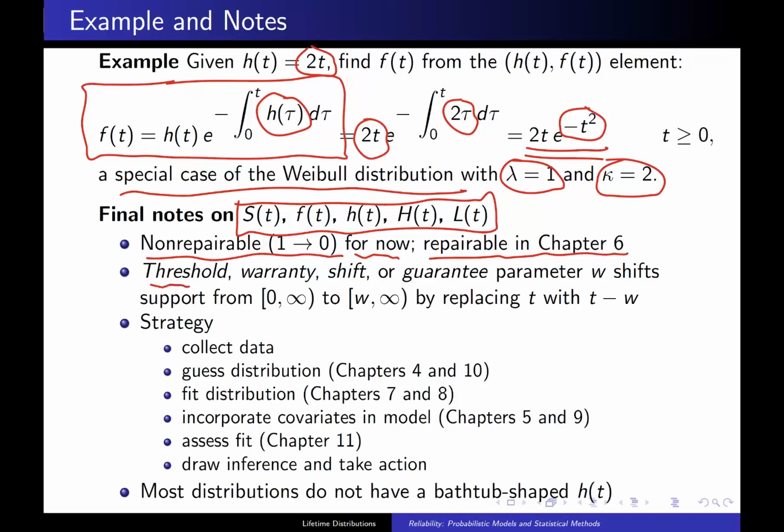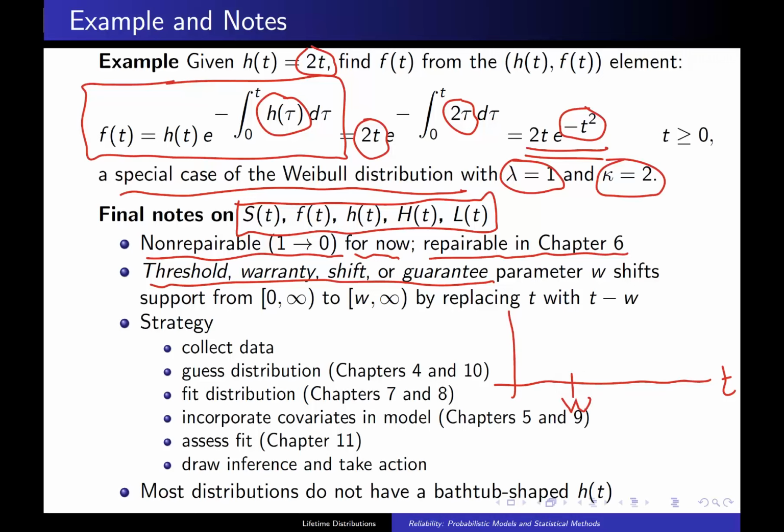Second, threshold, warranty, and shift and guarantee parameters, like W, allow you to change the support from, instead of going from 0 to infinity, now they will go from W to infinity.